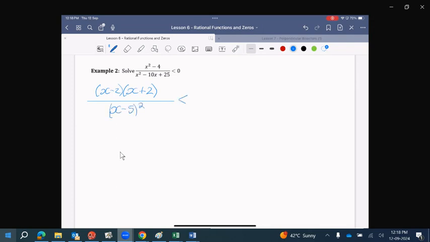This is less than 0. So what are our critical values? Yeah, these are our critical values. So let's have a go with our number line. We've got minus 2, 2, and 5.